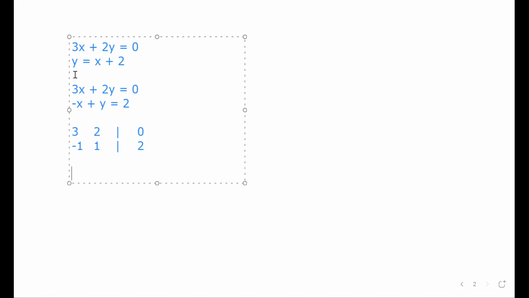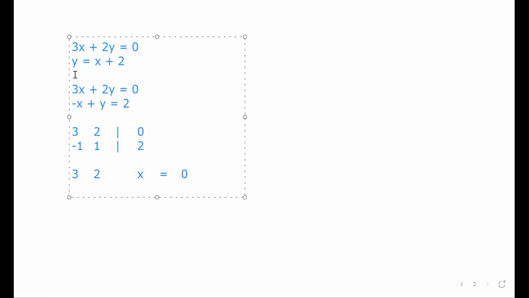From this one you can write 3, 2, x, 0, minus 1, 1, y, 2.